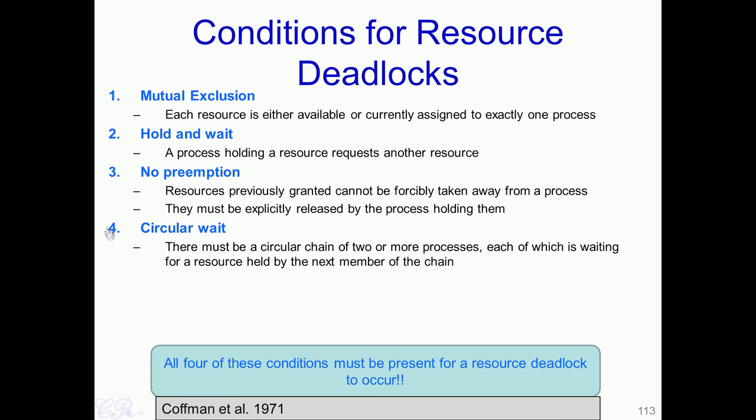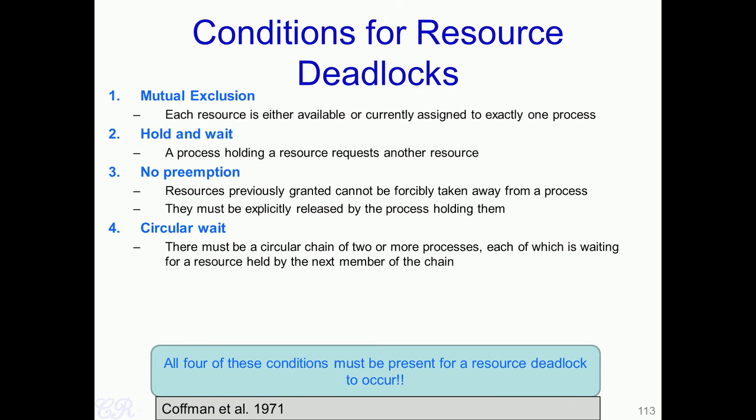For example, suppose we built a system where processes cannot hold a particular resource and wait for another resource at the same time. Such a system would never have any deadlocks.